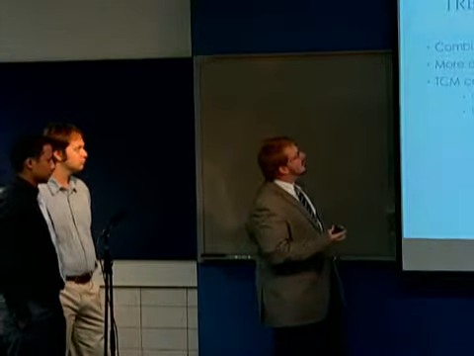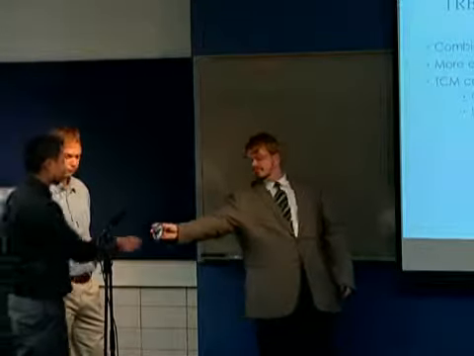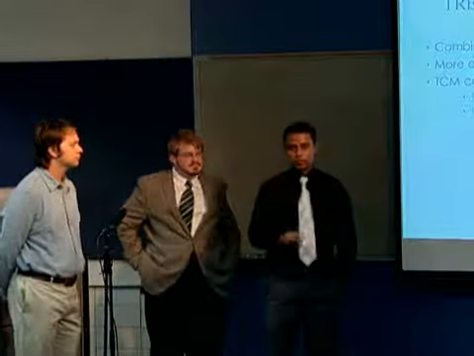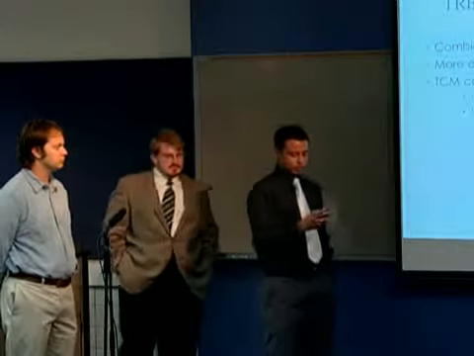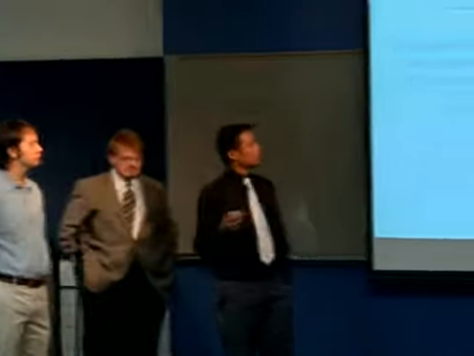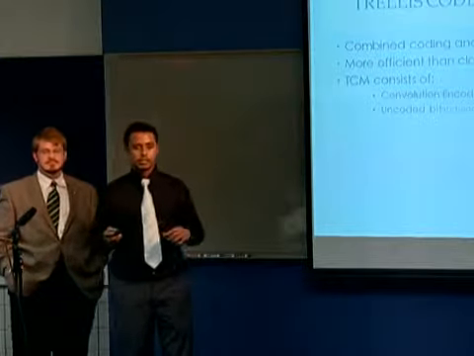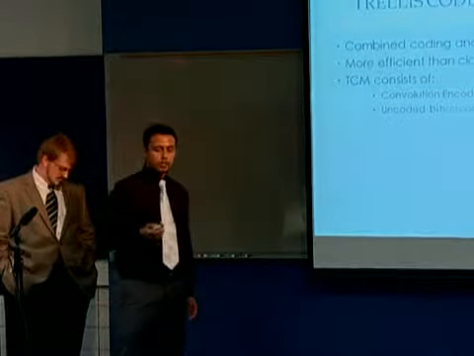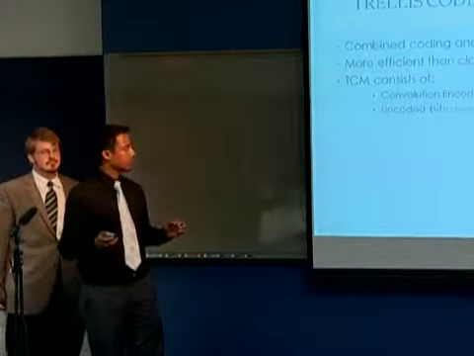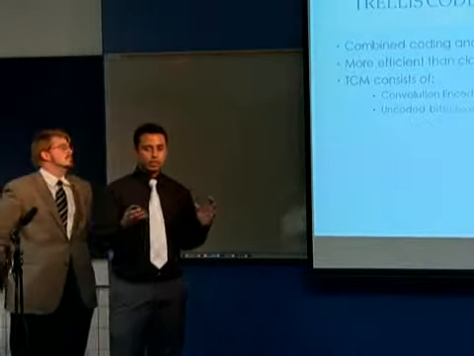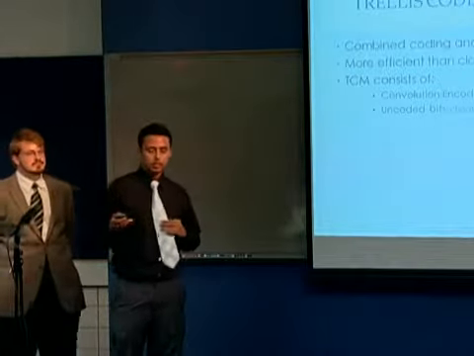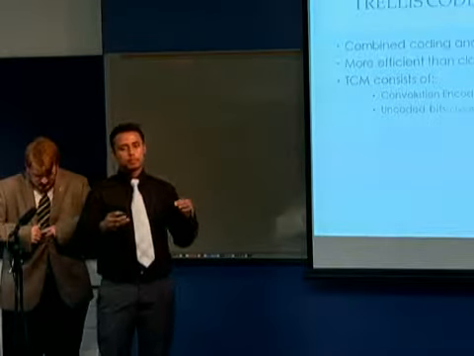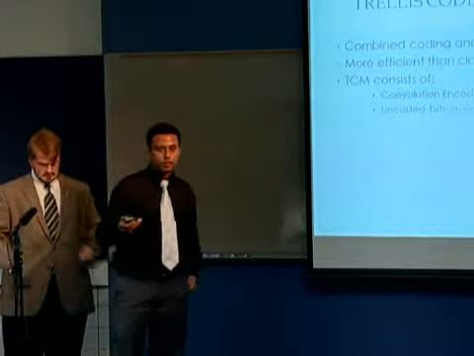Okay. So I pretty much did the trellis-coded modulation. A trellis-coded modulation is a combination. It combines the coding with the mapping, and its advantage over the classical way is that in the classical way they did coding and mapping separately, but in trellis-coded modulation you can directly map the encoded bits to a subset.